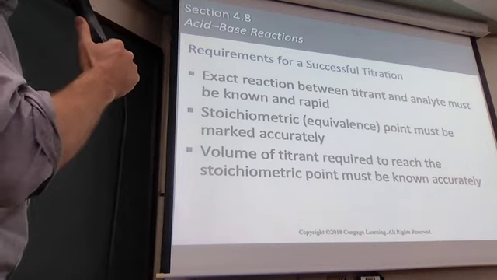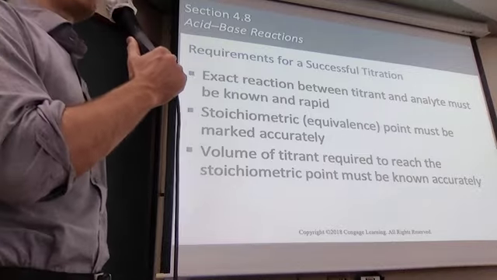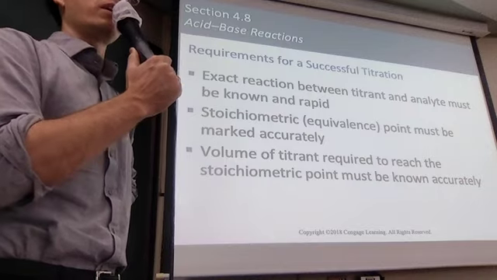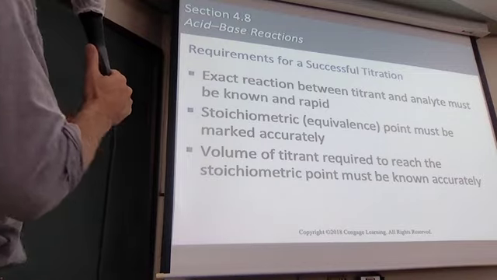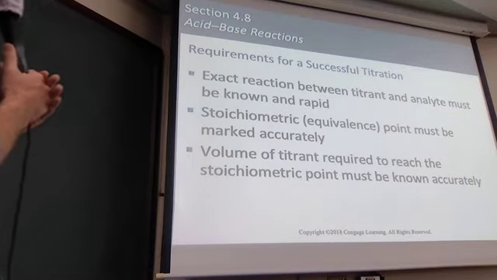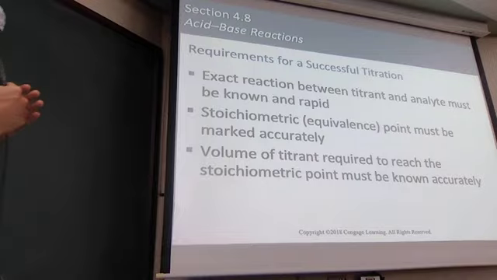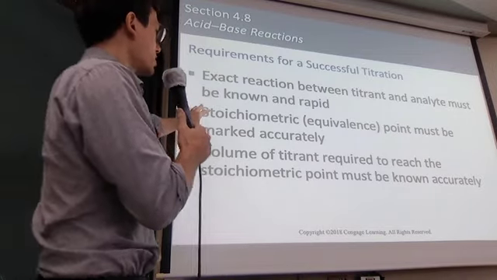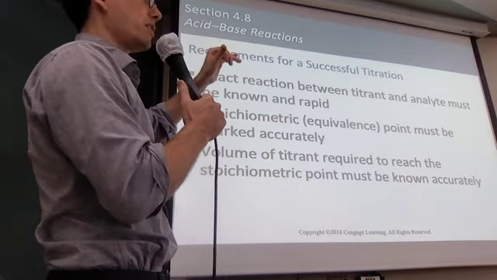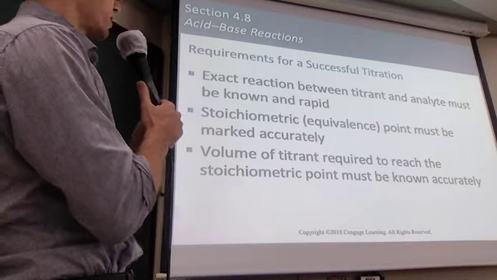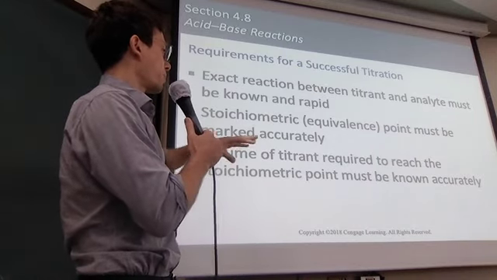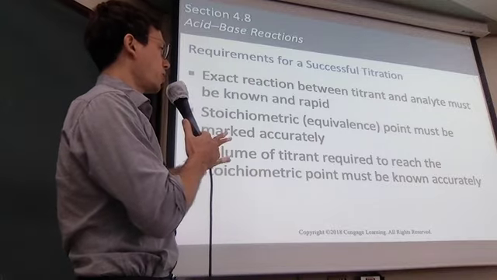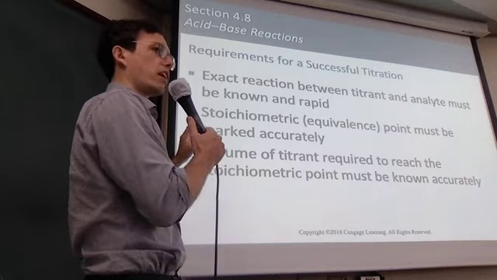So the easiest case for titration is if the reaction is complete, because then you can easily calculate this. Then the stoichiometric or equivalence point you can mark accurately once you have an indicator that switches color at that point. And you have to be able to measure accurately the volume of titrant required to reach the stoichiometric point.